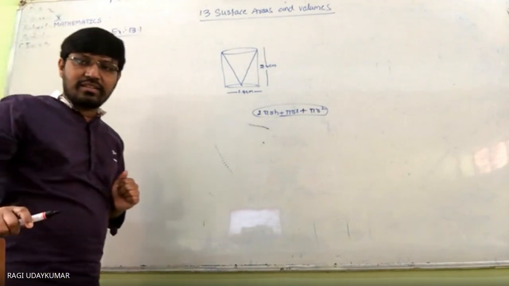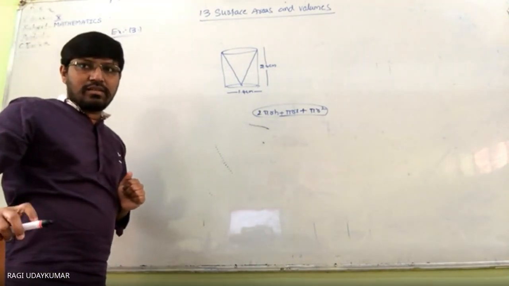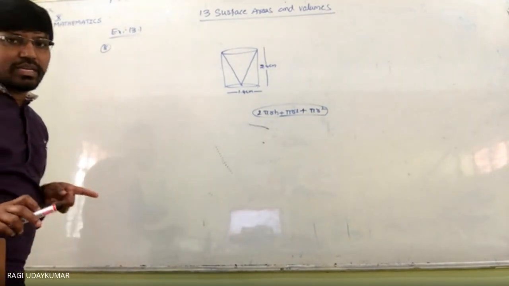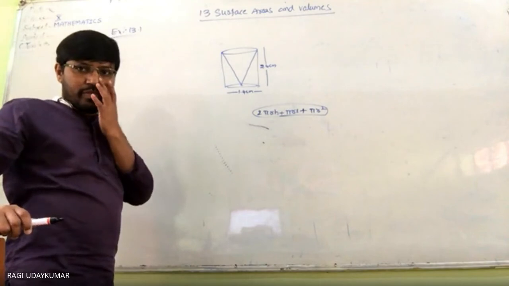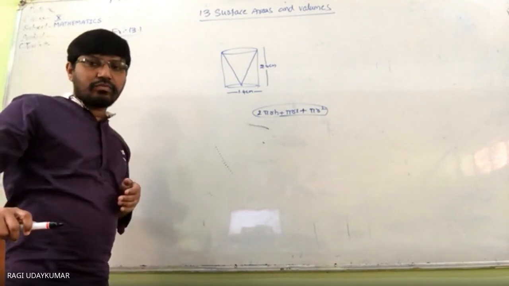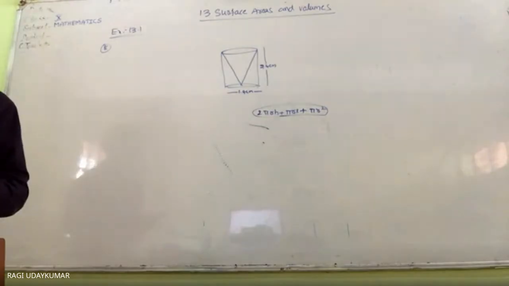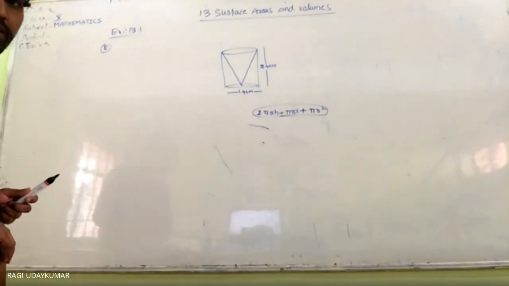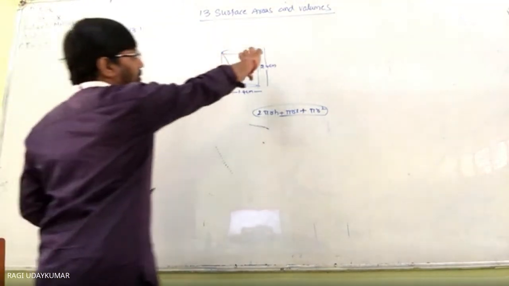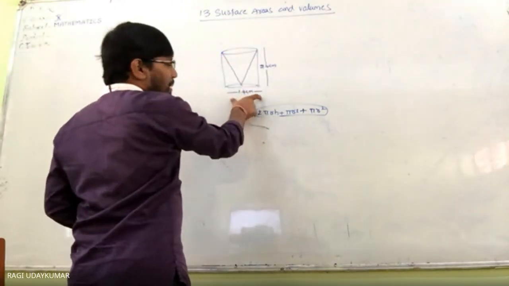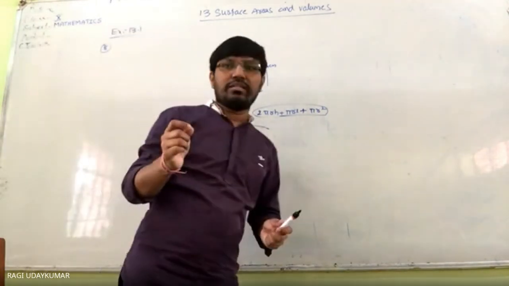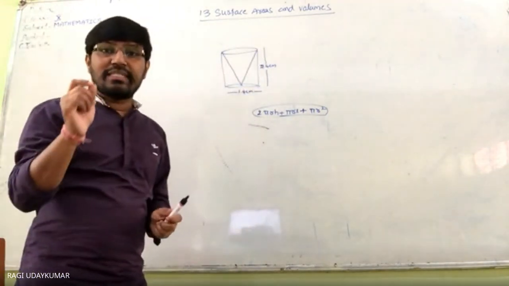समझ में आया? Any doubt here? No, sir. Can you do it? Because height is given to you, and the diameter is given. Be careful that diameter 1.4 centimeters, then the radius becomes 0.7.